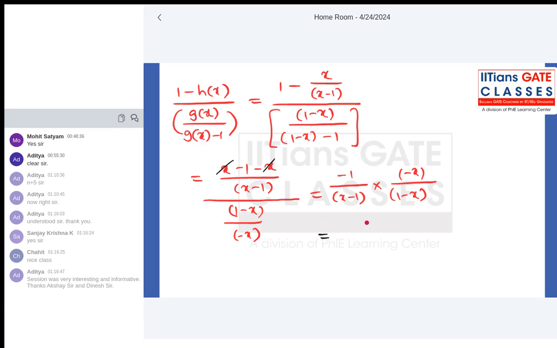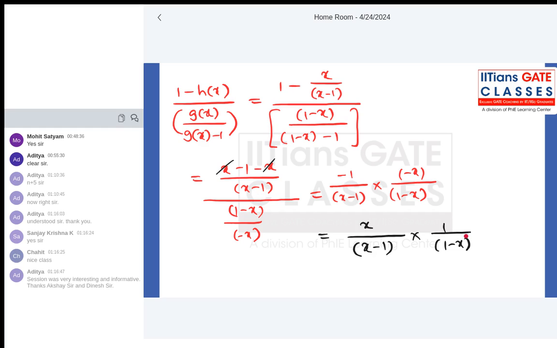So if you see, this is x divided by x minus 1 into 1 by 1 minus x. Okay, I'm just rearranging the terms, nothing fancy here.